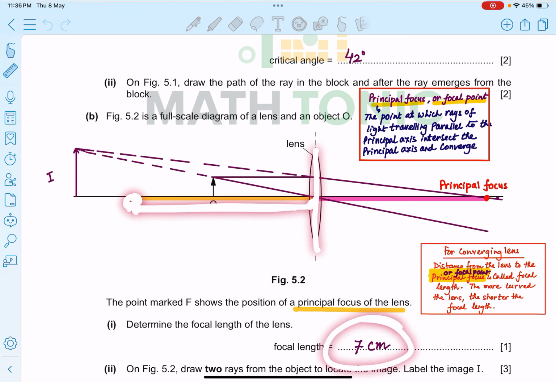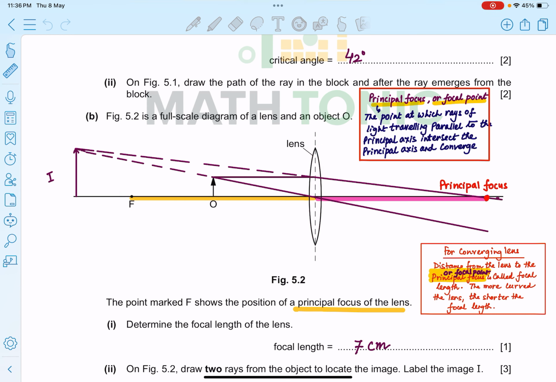This is the focal length, which I got as 7 centimeters. This is a lens, and this is called the principal focus, or focal point. On the right-hand side, this distance equals this distance, so we can find F, the principal focus or focal point.